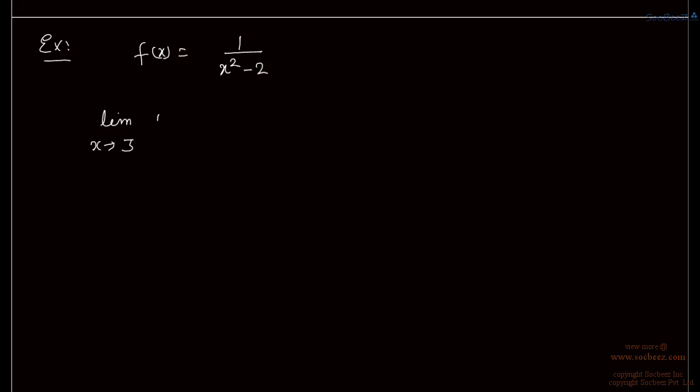We see, if we check this function, 1 upon x square minus 2 can be written as x minus 2 into x plus 2, right? Let me change the function. This is our given function f(x).